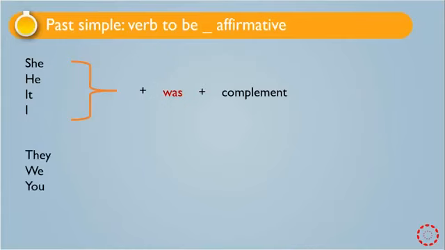But if the subject is they or we or you, we use were plus complement. We use was with she, he, it, or I. With they, we, or you, we use were.